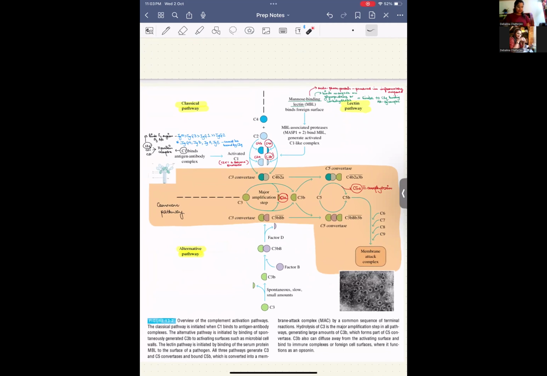Three pathways we discussed: the classical pathway, lectin pathway, and alternate pathway. This is how the activation parts of these pathways differ, and this is the common overlap that is there in all the pathways. So let's go one by one.